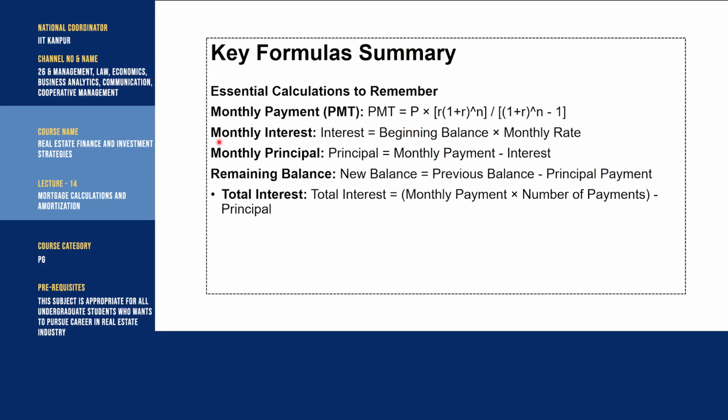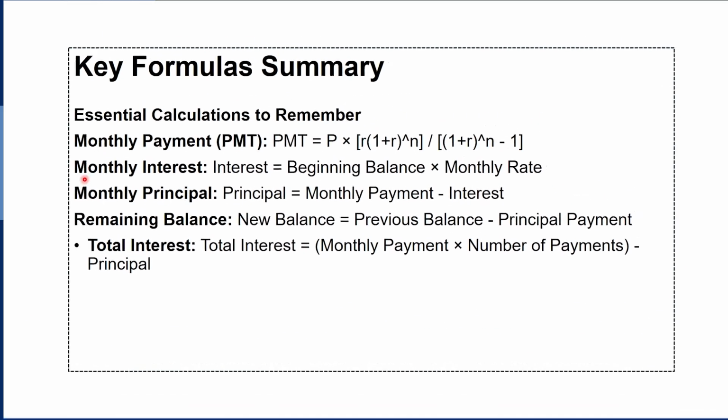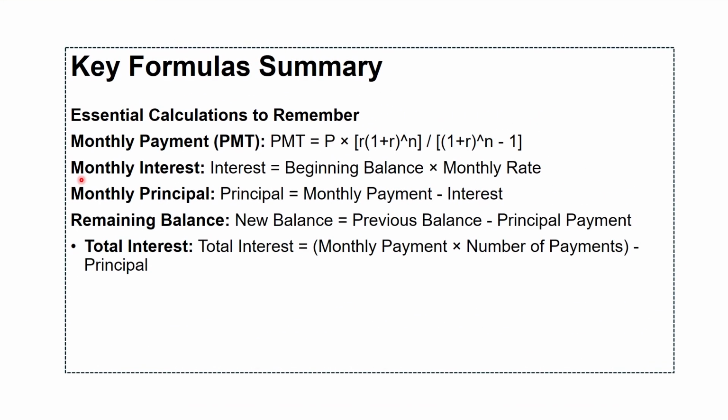Monthly principal, principal is equal to monthly payment minus interest, and then remaining balance, new balance is equal to previous balance minus principal payment, and total interest is equal to monthly payment into number of payments, that is total, and from that principal will be subtracted.